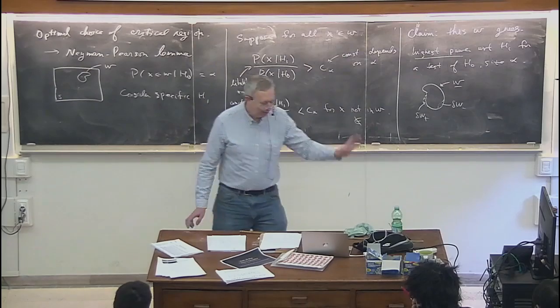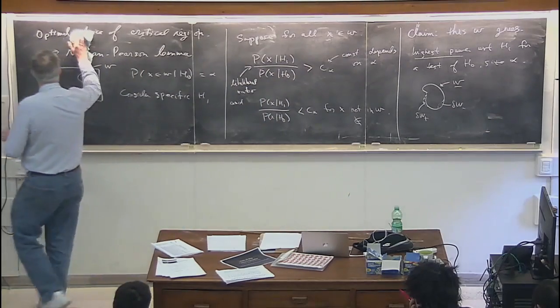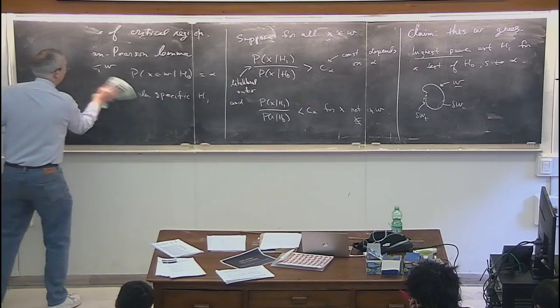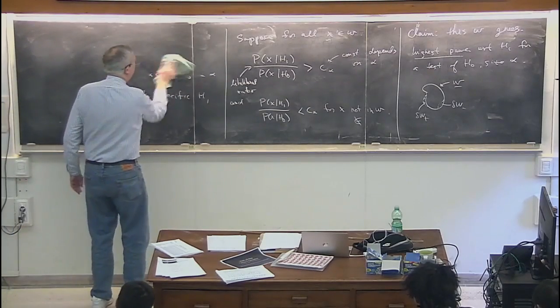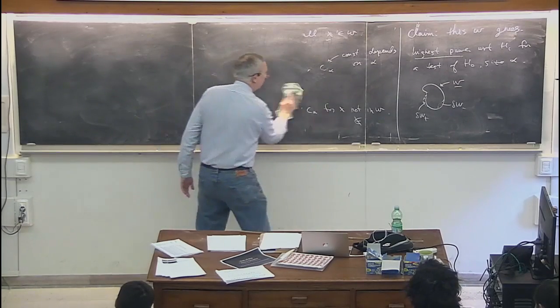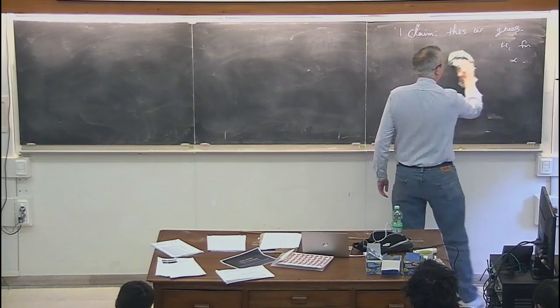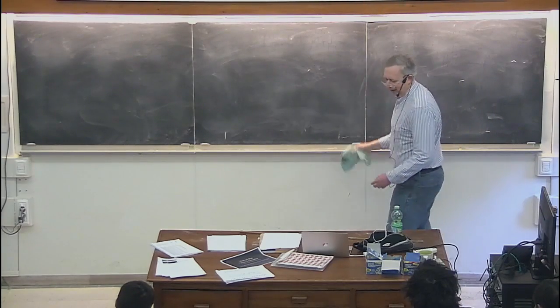You might think that, okay, well, the problem's solved. We have a theorem that gives us the best test. It turns out that in practice, it's not that simple. So this is something that in the discussion sessions, I think in one of the two, I might have started talking about this slightly. So apologies for any repetition. But I want to say this now a little bit more carefully.